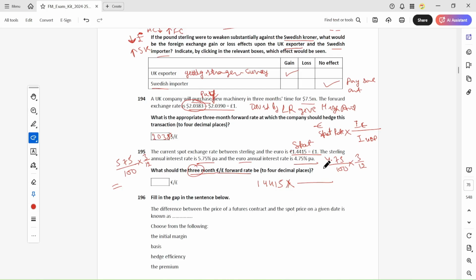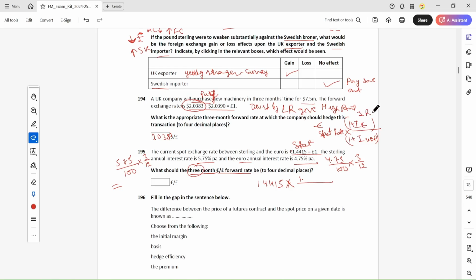Okay, how much? 4.5 divided by 100 multiplied by 3 divided by 12. Then we do 1 plus. Okay, this is the interest rate parity, right?